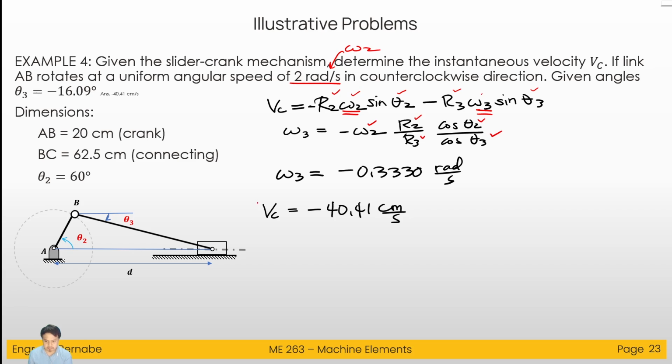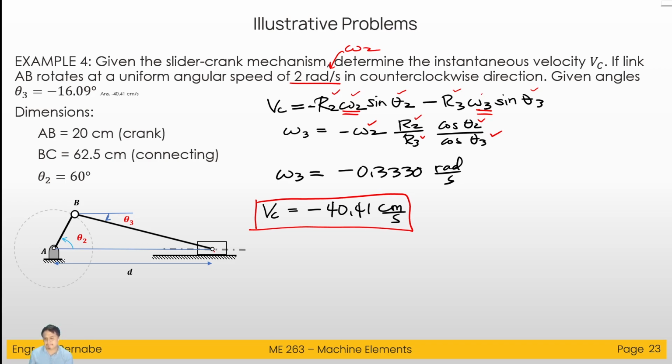Negative here just means that it is rotating in the clockwise direction. Is that right? That doesn't seem right.